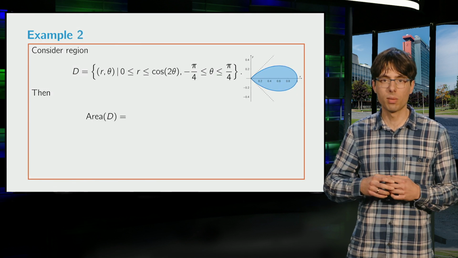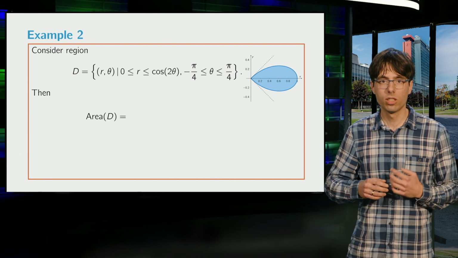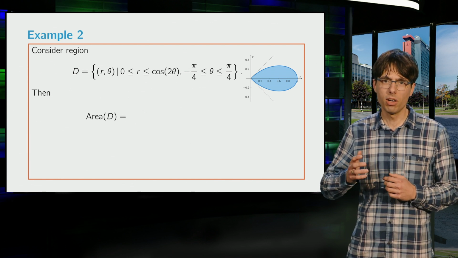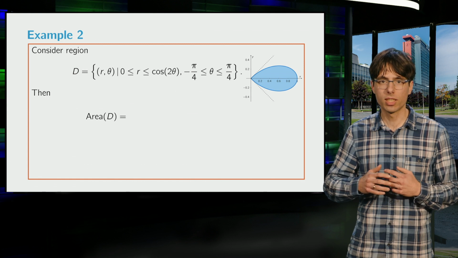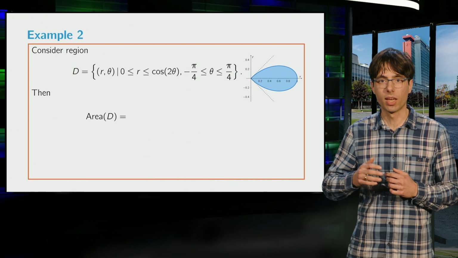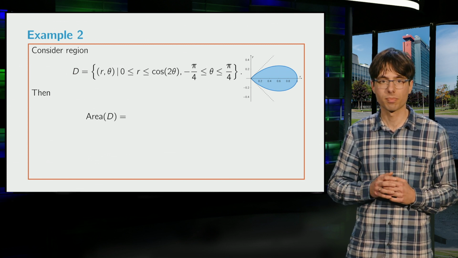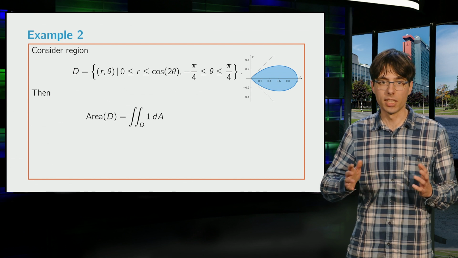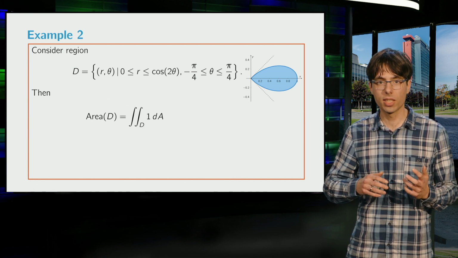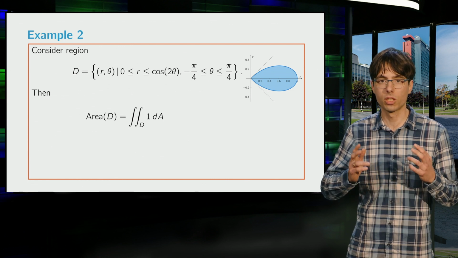As our final example, suppose we want to compute the area of the rose petal-like figure you see on the screen. In polar coordinates, the boundary of this region is given by the equation r equals cosine of 2 theta, and theta takes values in between minus pi over 4 and pi over 4. Remember that, in general, the area of a region can be expressed as the double integral over this region of the constant function 1.